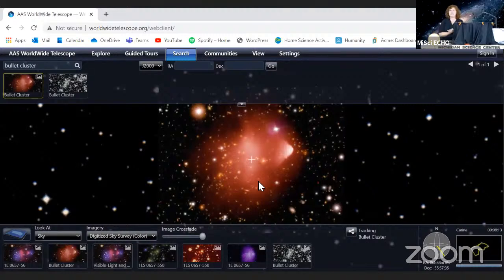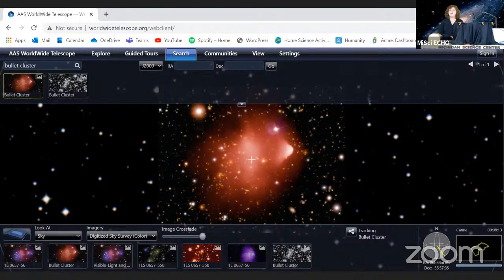Cool, makes sense. But what we found when we looked at things like gravitational lensing and some other things was that the matter was actually not where all of the mass was concentrated.